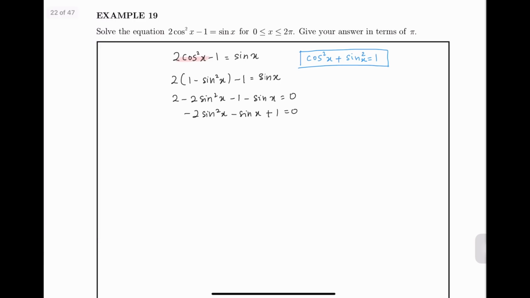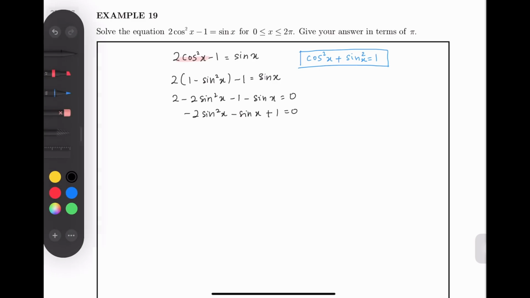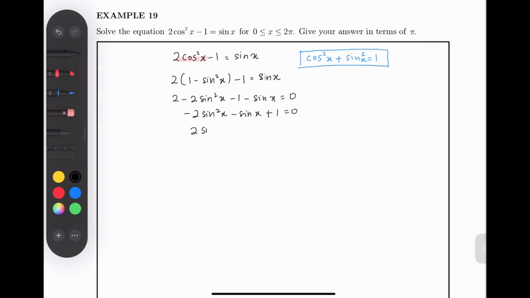So, divide everything by negative 1 to get 2 sin square x plus sin x minus 1 equals to 0. Factorize to get 2 sin x minus 1 and sin x plus 1.